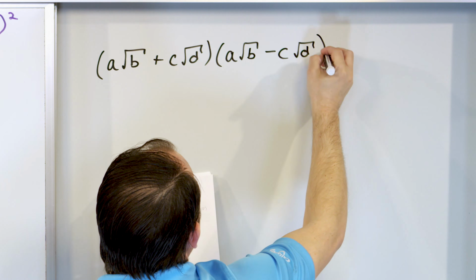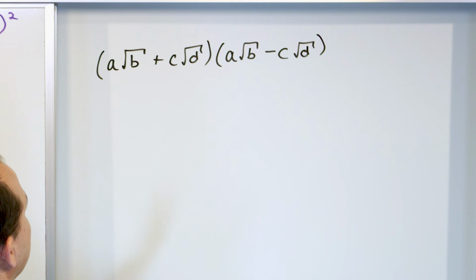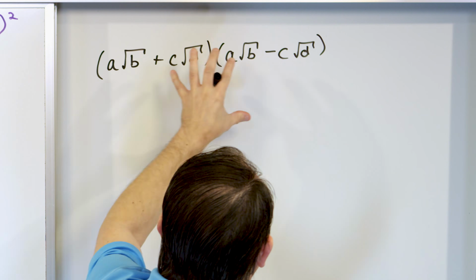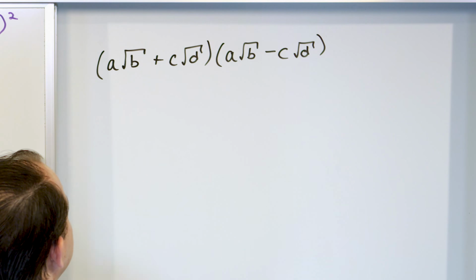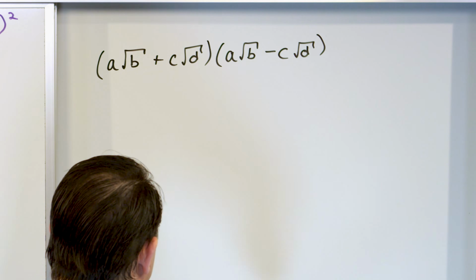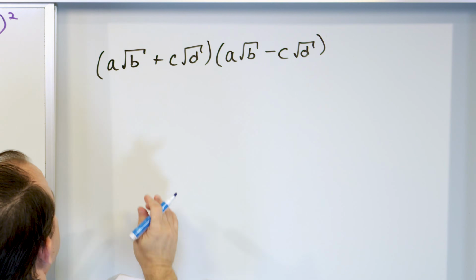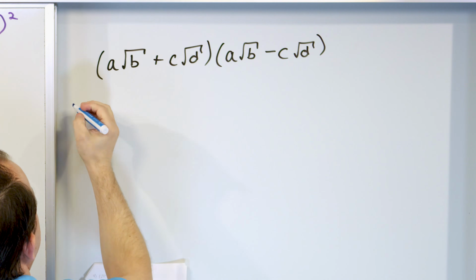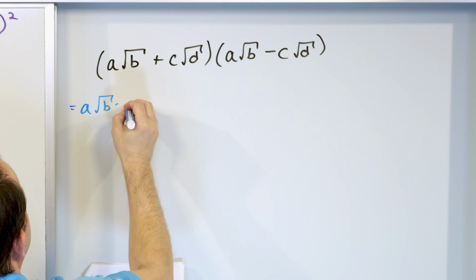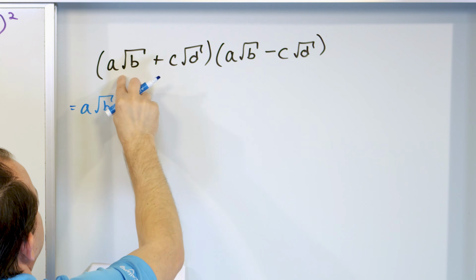And it doesn't at this point matter what a and b and c or d are, but because we have the variables labeled and they're in exactly the same places here, it's the same copy of itself with just a minus sign here. So we're going to do our best to prove that this works for everything. So when we have this times this, we're going to write it all out. That's going to be a times the square root of b times a times the square root of b, multiplying these.